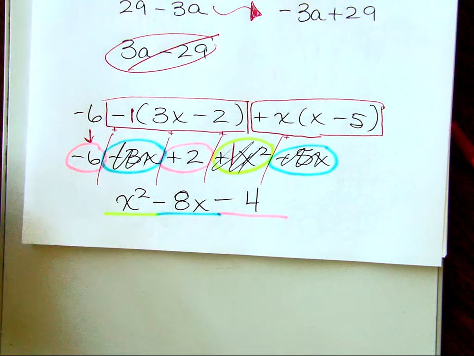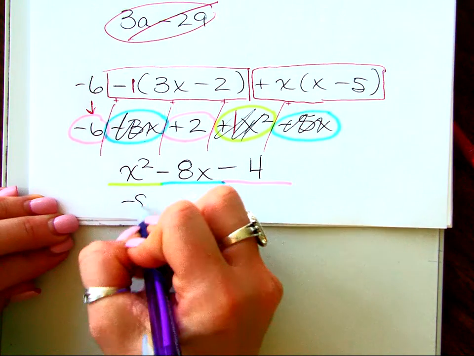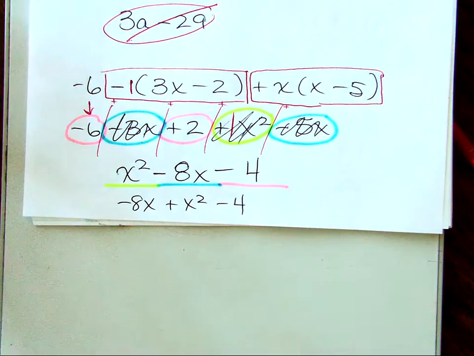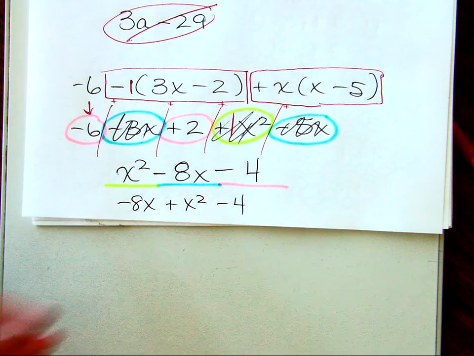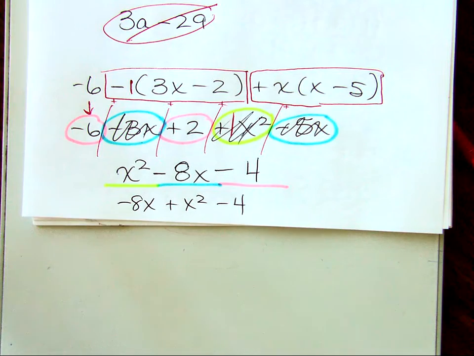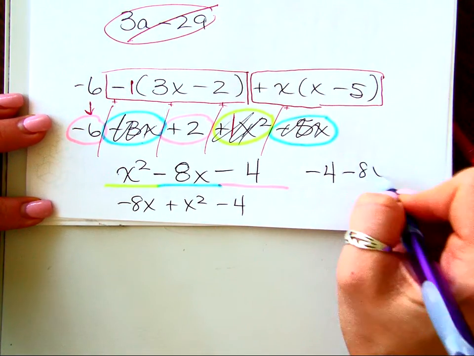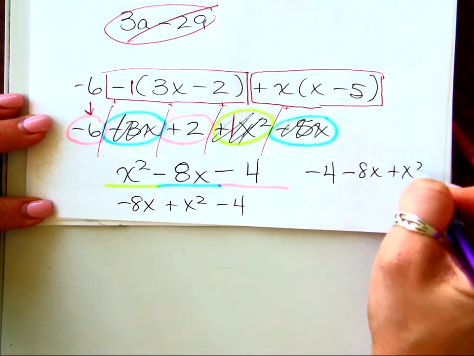So this brings up a great question. What if you had a -8x plus x squared minus 4 is your answer? Am I going to mark it wrong? No. Because in Learning Target 1-4, it does not specify, like Unit 7 does, put your answer in standard form. We're going to learn that. But that's okay. So guess what? What's another possible answer? You could have your -4 first, then your -8x, then your +x squared. You could even switch these two around.